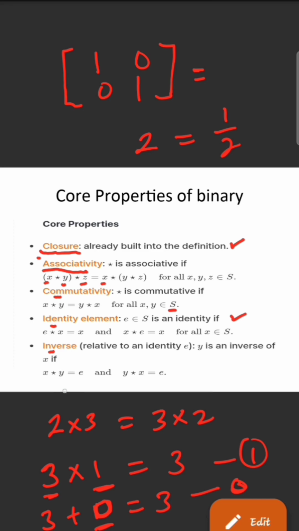I don't know whether you understand what I'm saying. Look at this: for inverse, x operation y gives us e, and that e is an identity element.